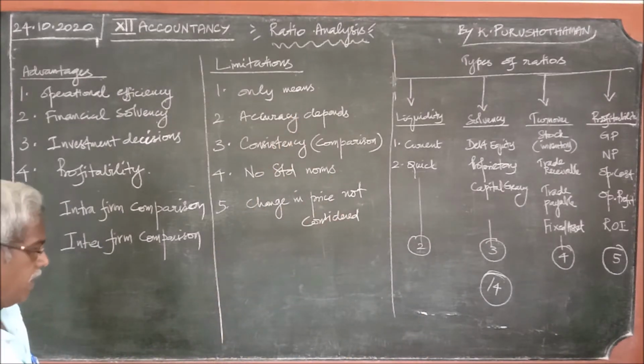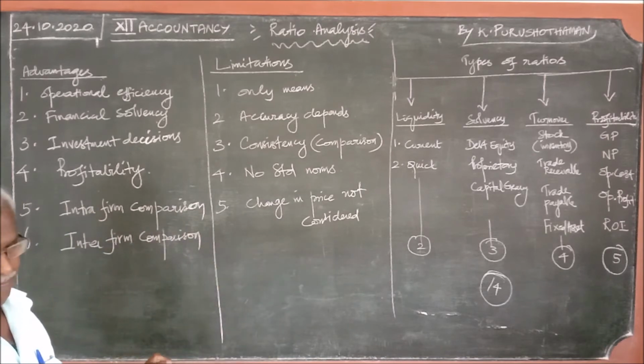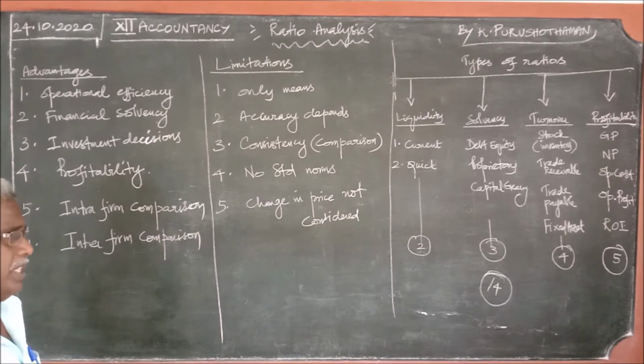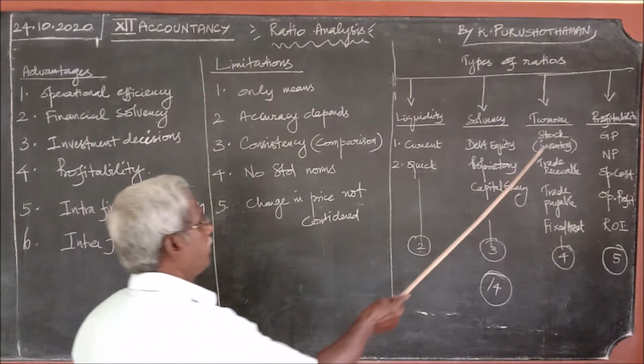From that gross profit, some amount is spent for advertisement, for salary, for some other expenses, for carriage, cartage. All these things, some amount is spent from the 2 lakh, some 50,000 has been spent. Then you minus that 50,000 also from the 2 lakhs, then 1,50,000 will be the net profit.